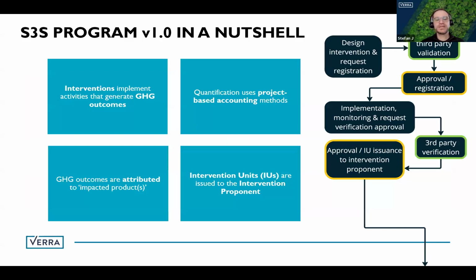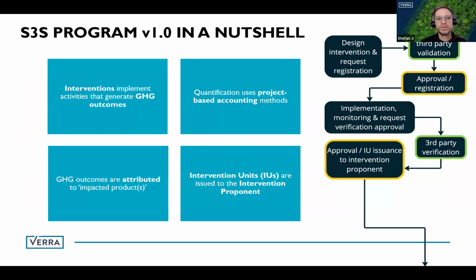Broadly, we're thinking of the Scope 3 standard program as being launched in two phases, what we're initially calling version 1 and version 2. On this slide here, you see the key elements of version 1.